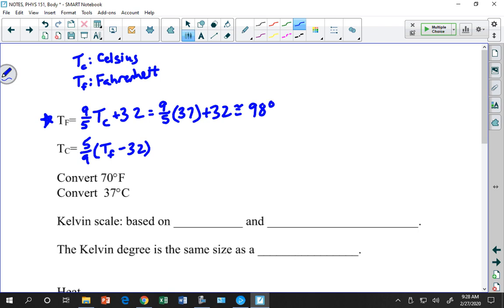If I wanted to convert 70 degrees Fahrenheit, I would say 5/9 of 70 minus 32, and that would be equal to about 21 degrees Celsius. Okay? I'm not going to ask you to convert, but I want you to see this.